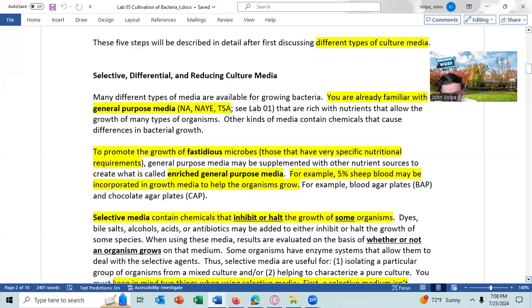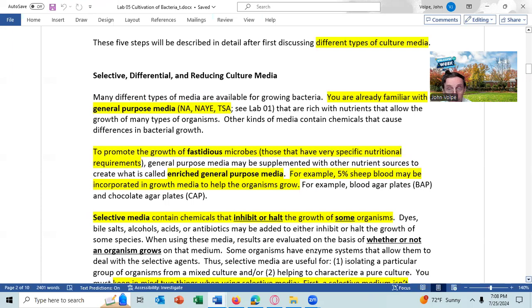So these plates are both advantageous in that they support the growth of many different cells, and they are cheap. To promote the growth of a fastidious microbe, these microbes will not grow on a general purpose media. They have very specific nutritional requirements, and we use enriched general purpose media. For example, we can add 5% sheep's blood to the growth media to help the organism grow.